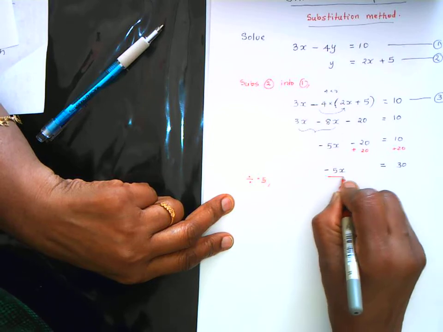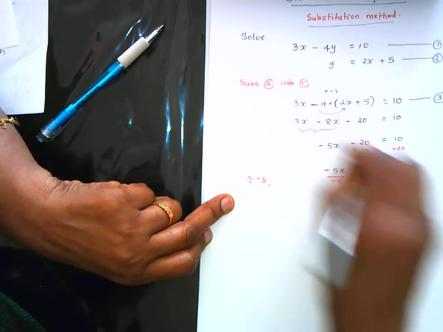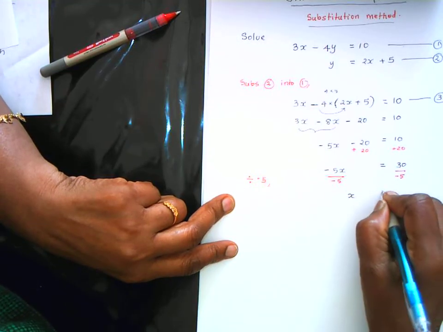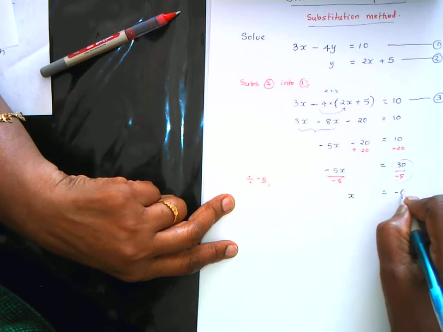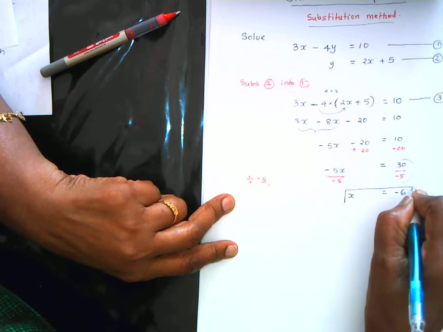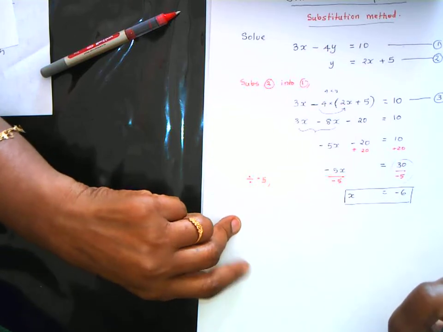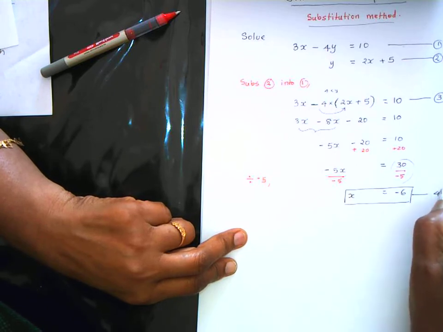That gives me x equal to minus 6. So this is your answer. I'm going to number this as 4.